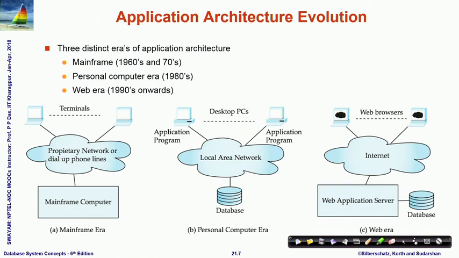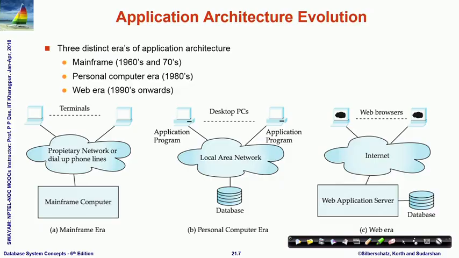As we moved to the 80s, we saw the advent of local area networks, so application programs on desktops would interact with the database through these networks. Beyond that we have what we call the web era.